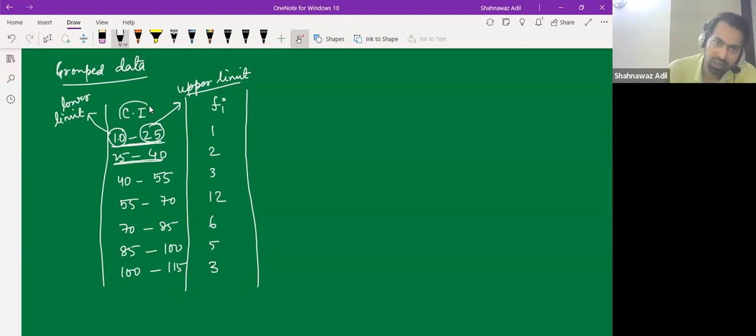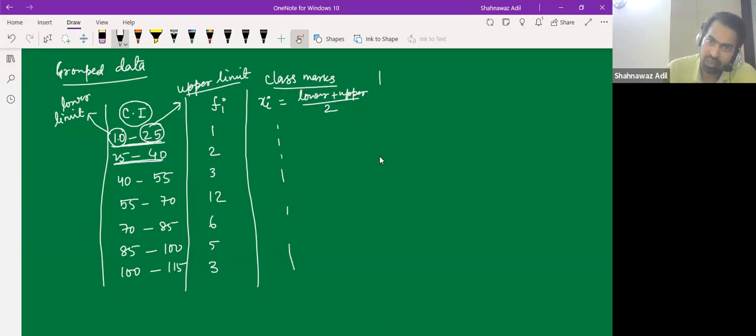So from the class intervals, we calculated class marks. Class marks were represented by xi, and this was lower limit plus upper limit by 2. And from the class marks, we then calculated the product of the frequency and the class marks. So this was fixi.